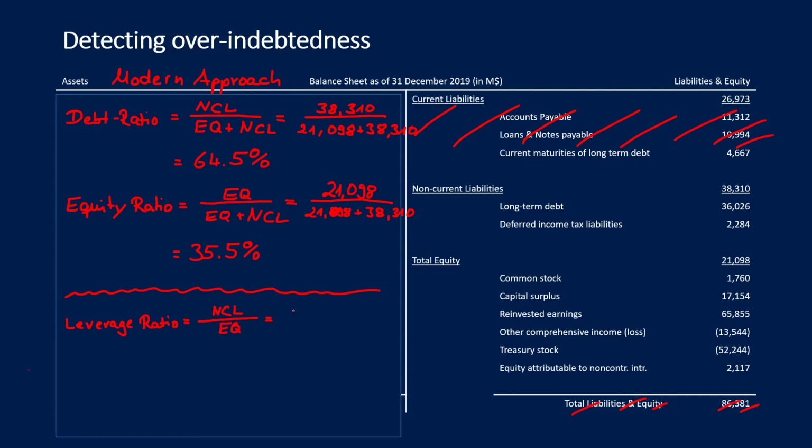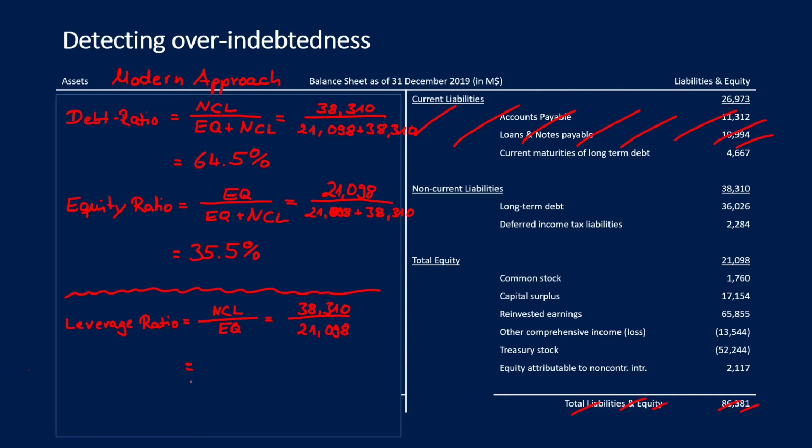And in this case, the leverage ratio would be 38,310 divided by 21,098.